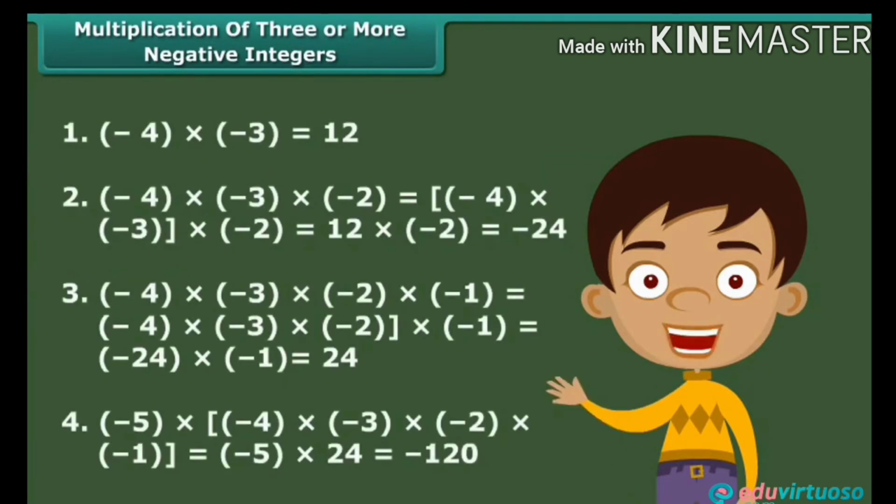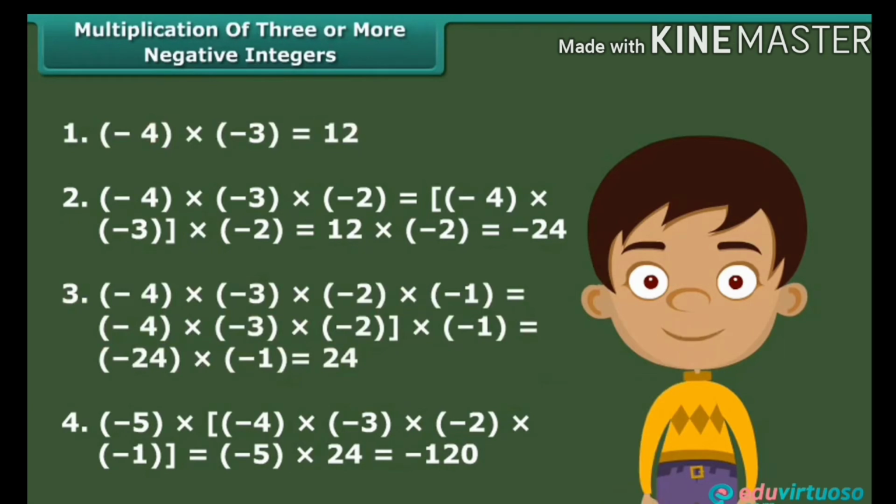We can see that in first and third examples, the number of negative integers that are multiplied are even, 2 and 4 respectively, and the products obtained in 1 and 3 are positive integers. And the number of negative integers that are multiplied in 2 and 4 are odd, and the products obtained in 2 and 4 are negative integers.